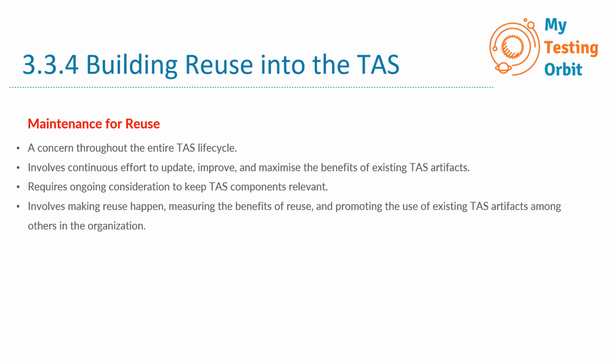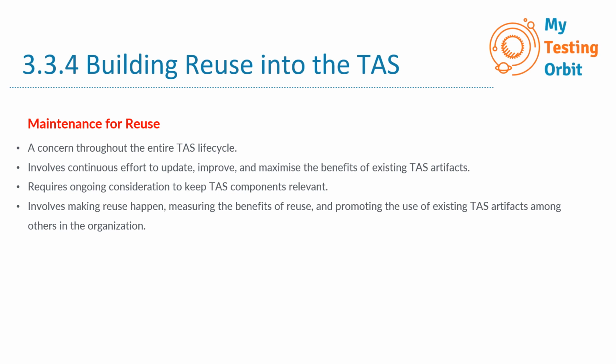And the last one is involves making reuse happen, measuring the benefits of reuse, and promoting the use of existing TAS artifacts among others in the organization. So maintenance for reuse goes beyond updating the TAS artifacts. It involves actively promoting and encouraging the reuse of existing TAS components among team members and stakeholders.